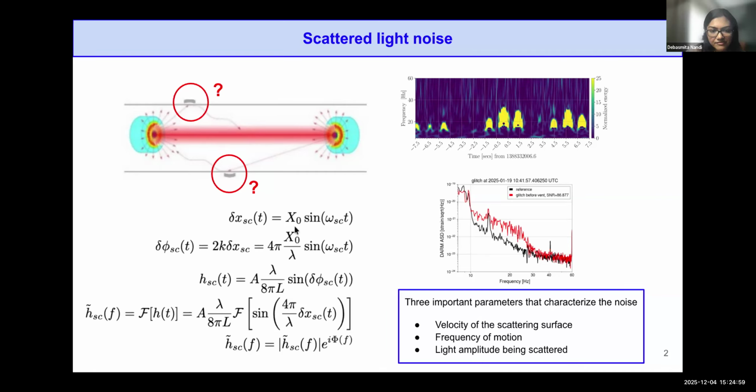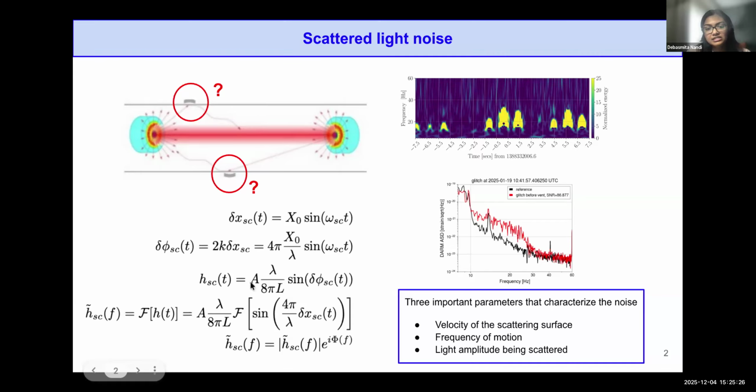So here is a brief math. We assume that these surfaces have a sinusoidal motion at a particular frequency, and then we can calculate the phase difference caused by this variation of motion, and that phase difference translates into the strain data by this formula. Here A is the amplitude of light in the scattered beam.